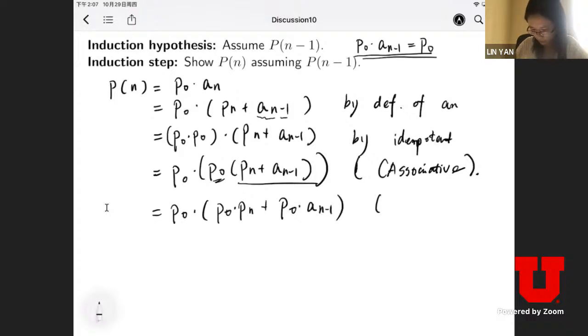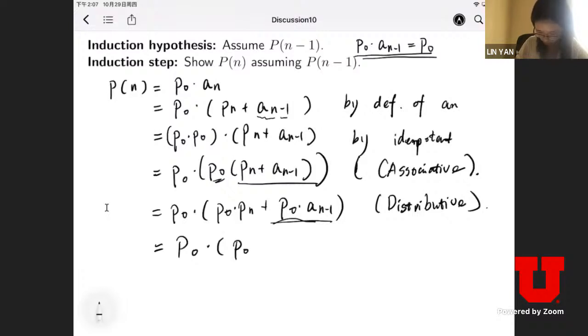This is by distributive. Now finally we get this one, and this one is the same as the left-hand side of the inductive hypothesis. So it is equal to P0 times P0 times Pn plus P0. This is by inductive hypothesis.